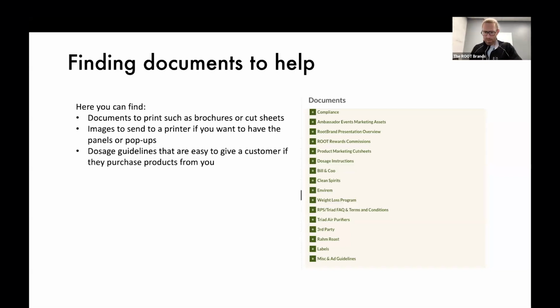We'll talk a little bit about QR codes in a bit, just so that everyone understands how that is beneficial. You have dosage guidelines, marketing cut sheets, and a how-to-use document that you can give to somebody if they purchase product or get product from you when you're at an event.